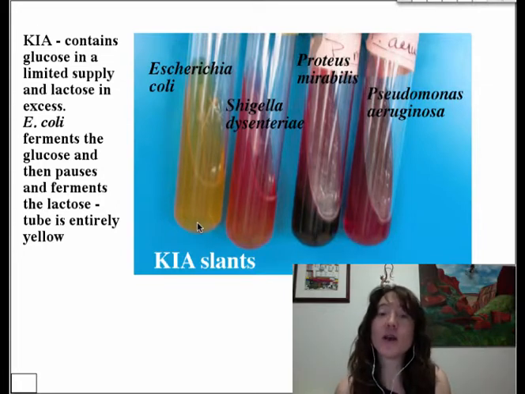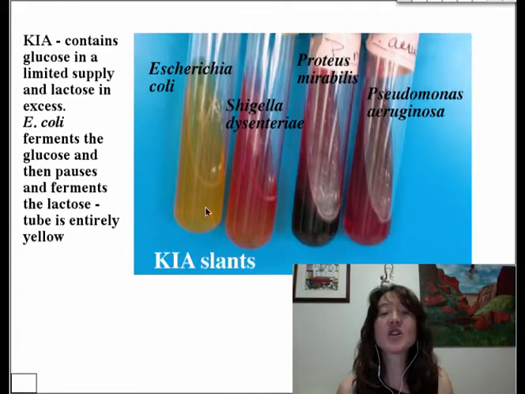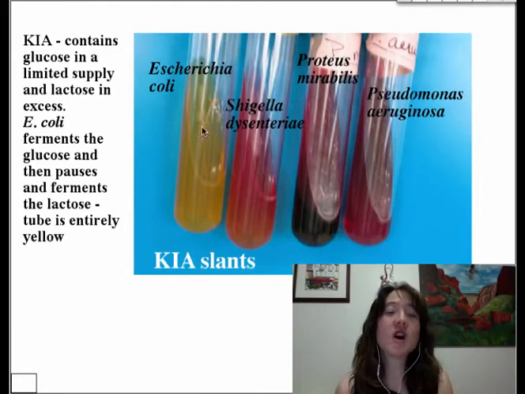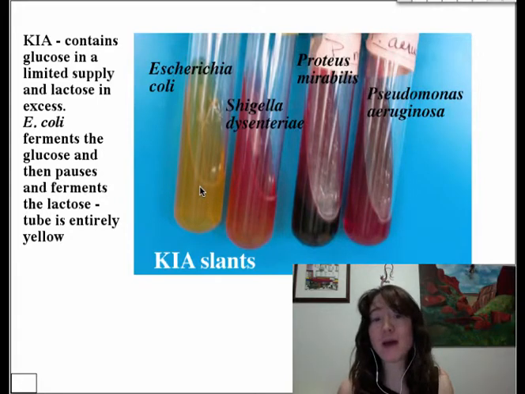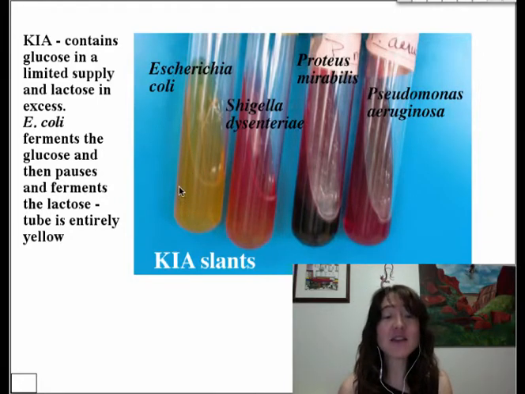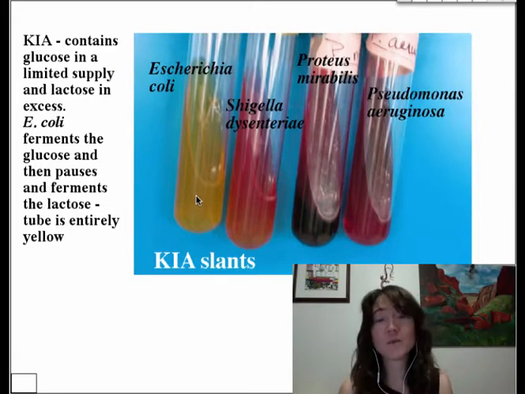When it does so, it releases acidic byproducts of that catabolism, and it turns the slant yellow. However, it quickly runs out of glucose within about 8 hours of incubation, and it moves on and begins to eat the lactose at that point. Because E. coli is capable of eating the lactose, it continues to make acidic byproducts, and the slant and the butt of this tube stay yellow.